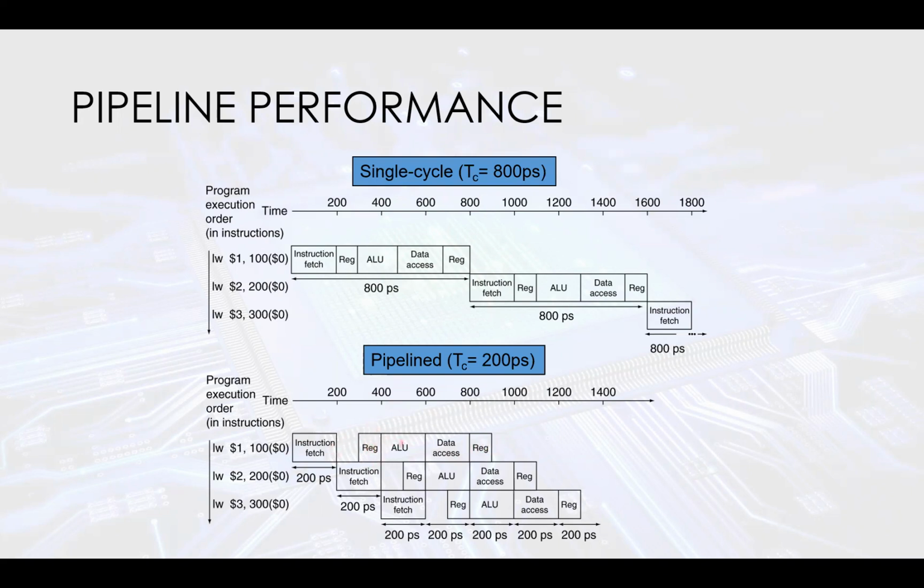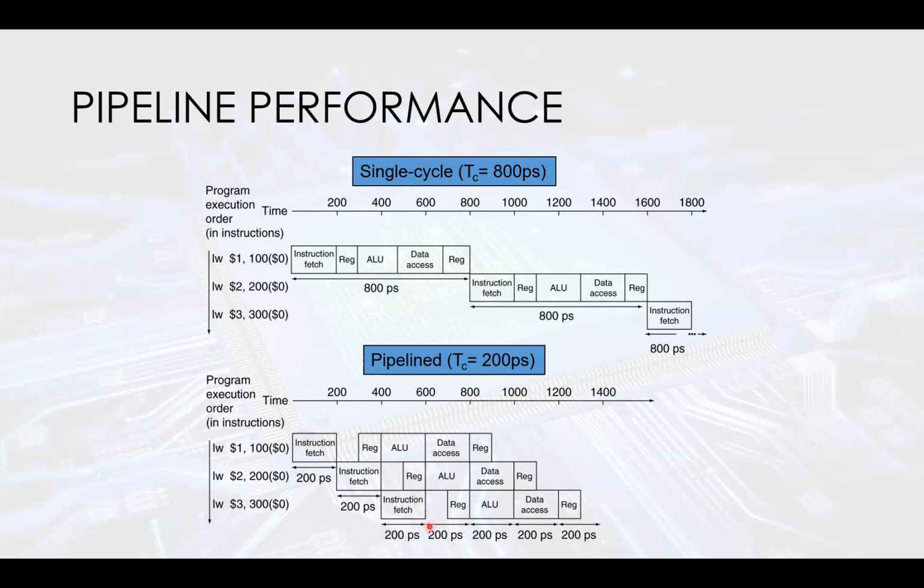So even though we have these register stages that only take 100 picoseconds here and here, we essentially need to stall a little bit so we don't get too far ahead of ourselves, because of the ALU and the instruction fetch taking 200 picoseconds.